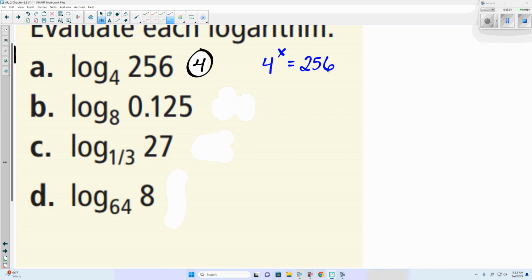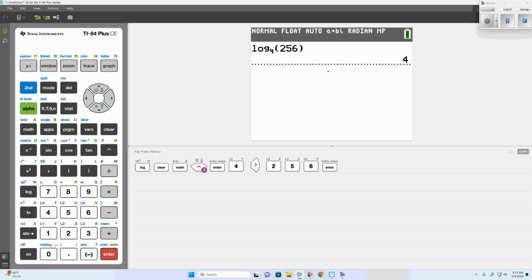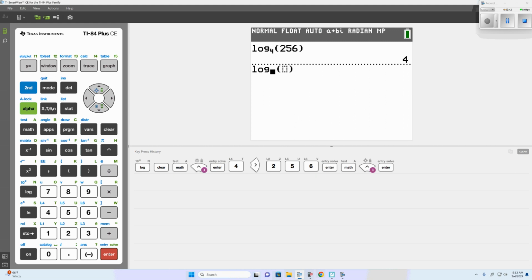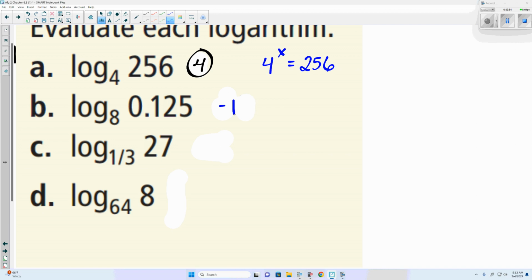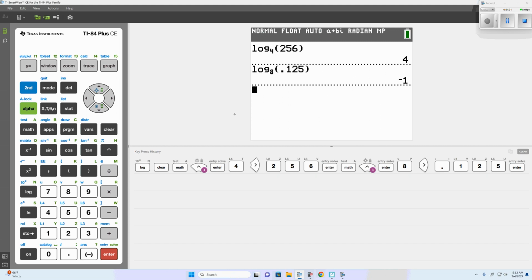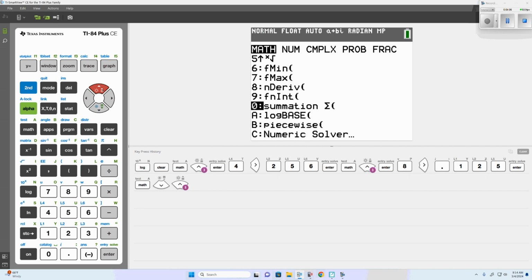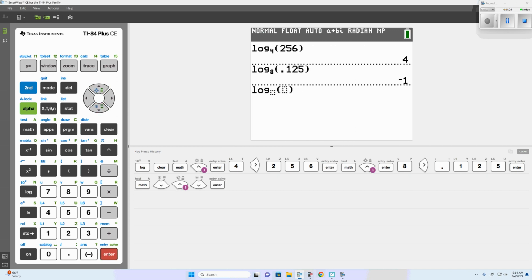Our next one, log base 8 of 0.125. So we can go math, log base 8 of 0.125, and it is -1. Next, math, log base, so 1/3.